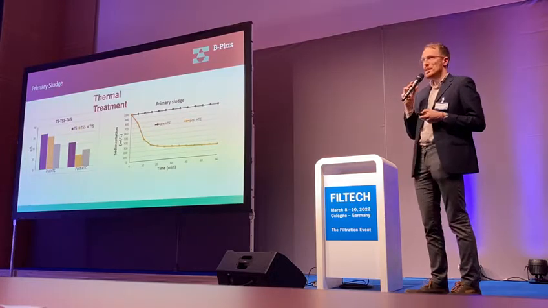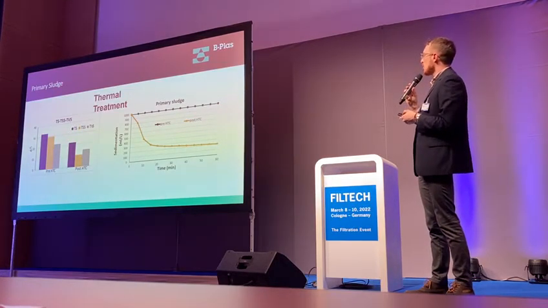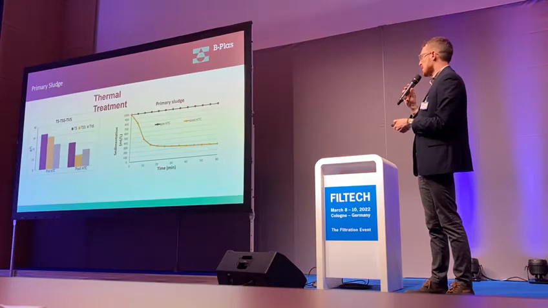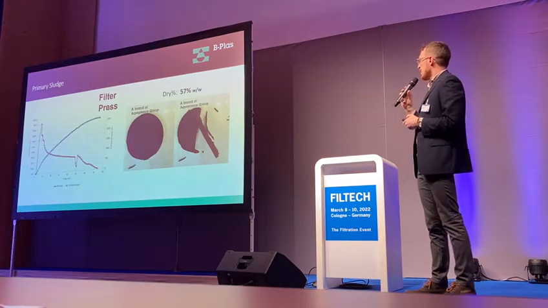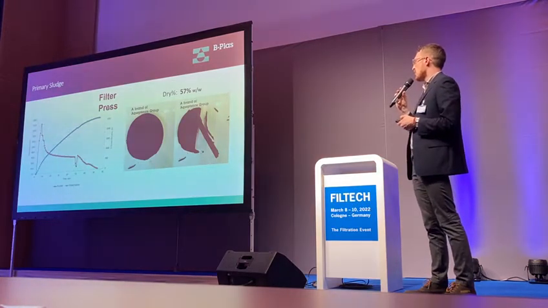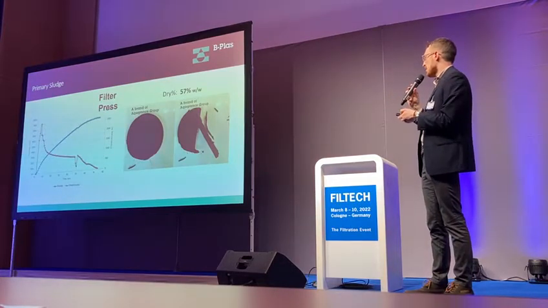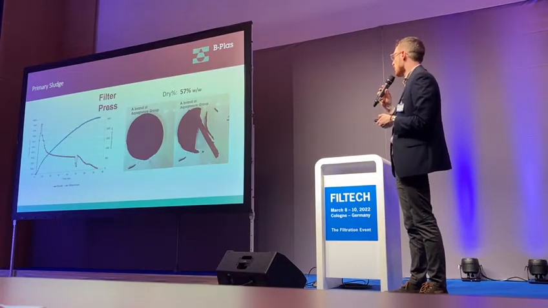And the solubilization can be seen thanks to the higher ratio between the total suspended solids and the total solids in the post-treated sludge than before. This sludge in the filter press yielded a cake with a dry percentage of 57% by weight, and as you can see, we obtained this result in just over 1 hour.